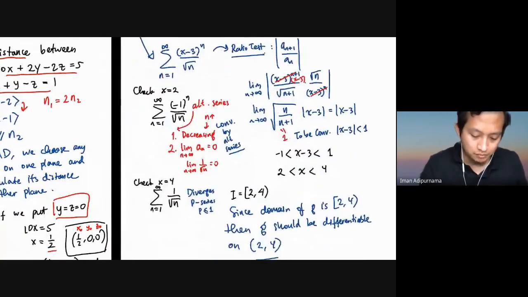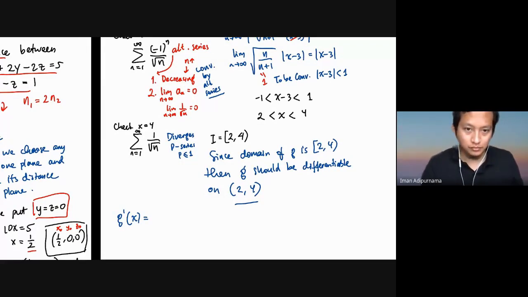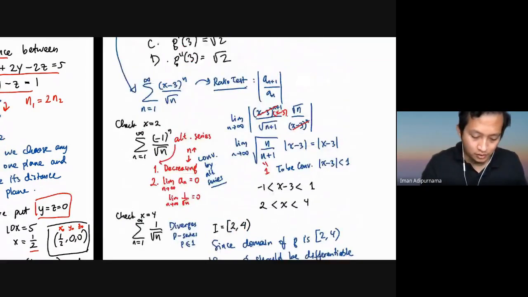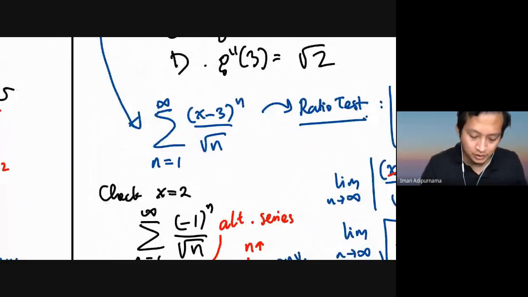G prime, let's write G prime of x. From our equations here, what G prime means is we are deriving this series.